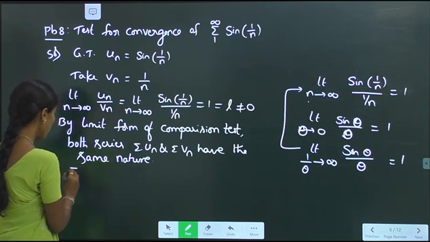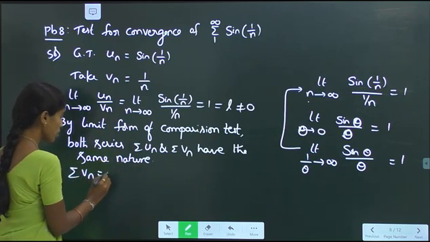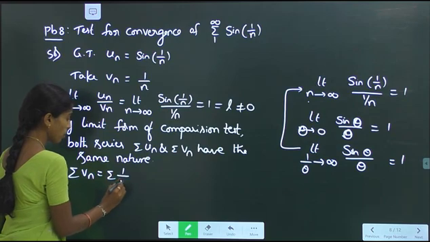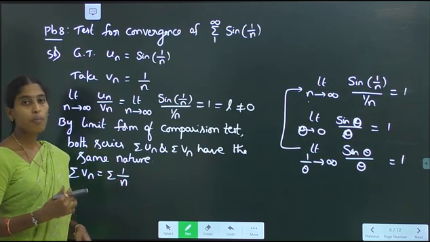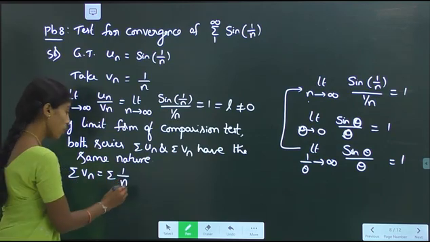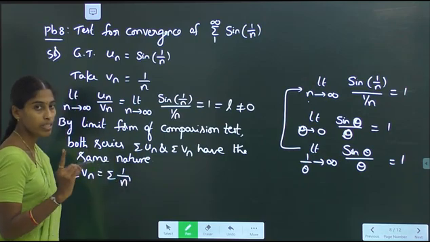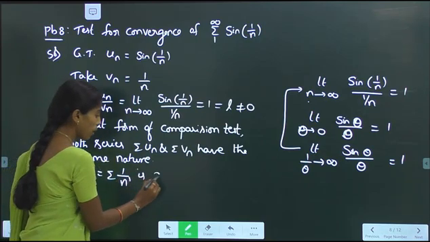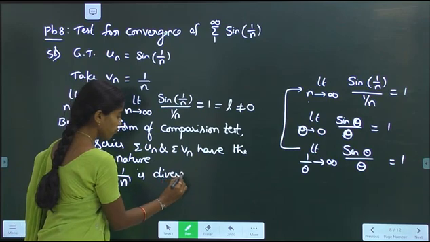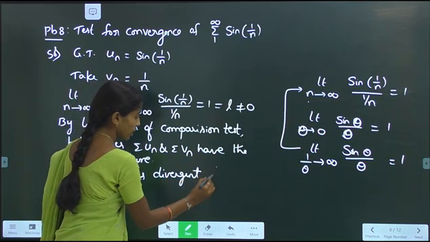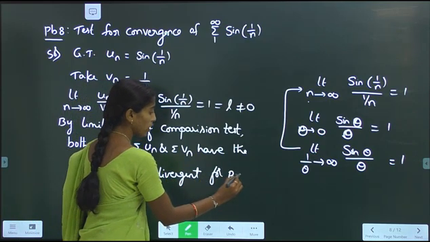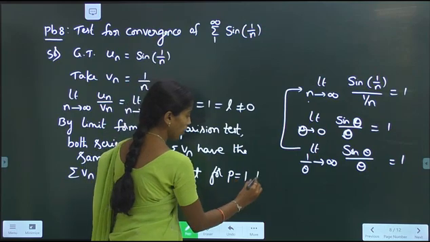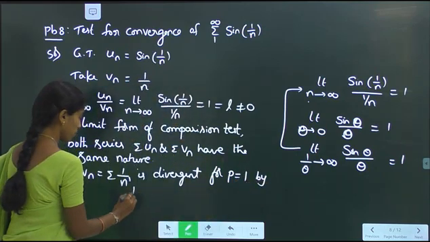What is vn? Summation vn is summation 1 by n. It is in the form of 1 by n power p. What is the p value? P value is 1. So, by using p test, it is divergent for p is equal to 1.